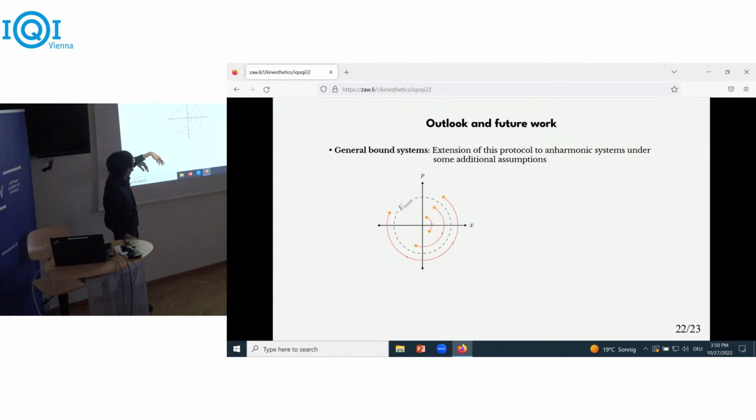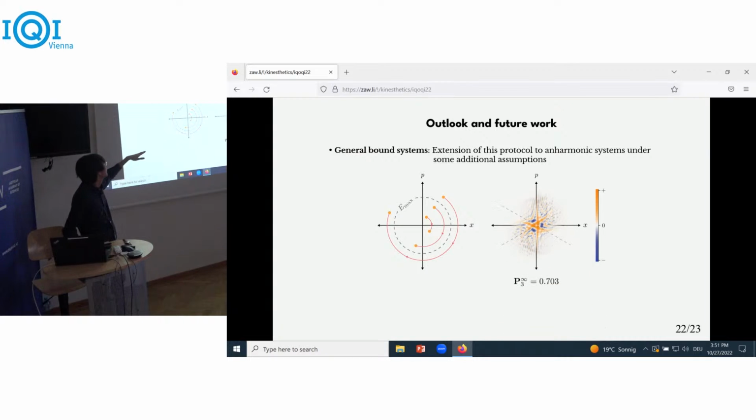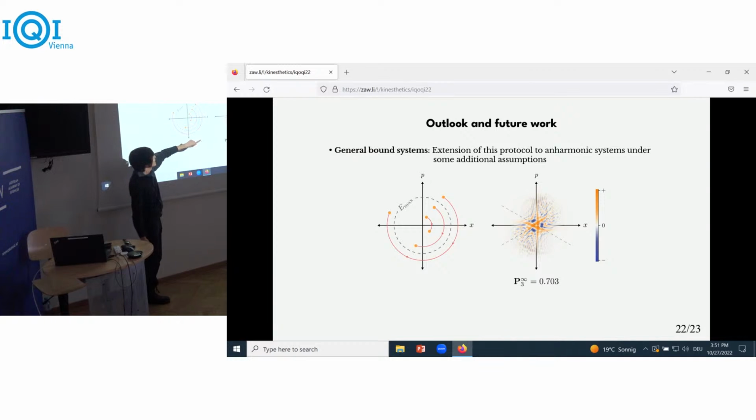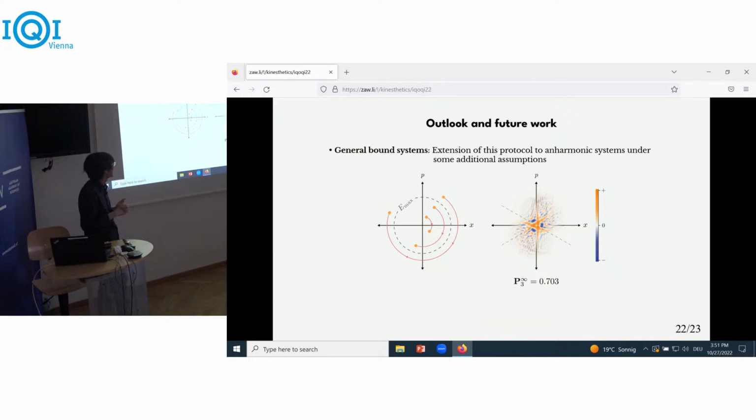So if you have this kind of n-harmonic system where the period depends on the energy, then you can put some kind of energy bound on it, where everything within the energy bound has a probability of, let's say, the maximum classical score of 2/3. And so you can simply use this criterion again, and you get a similar Wigner function, but slightly more distorted.